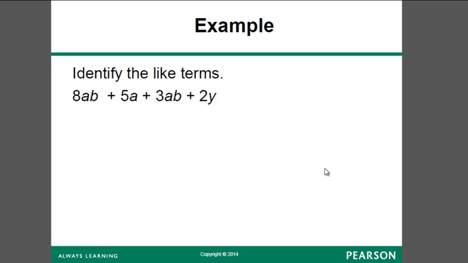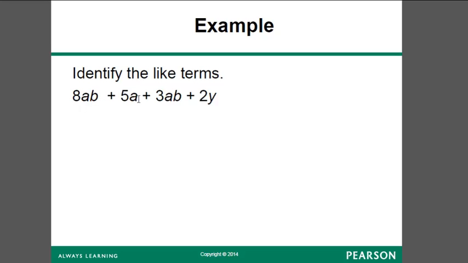Let's look at these. Identify the like terms. 8ab plus 5a plus 3ab plus 2y. I want to identify like terms here. This term has an ab.